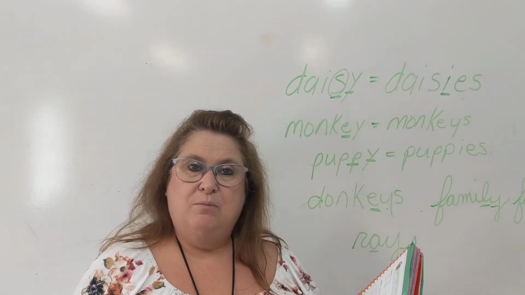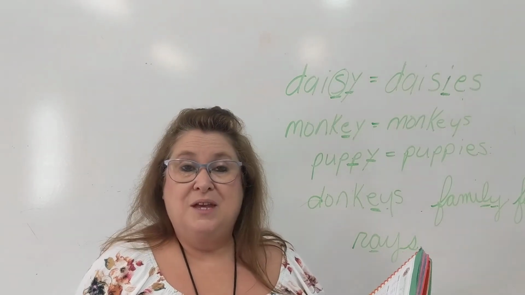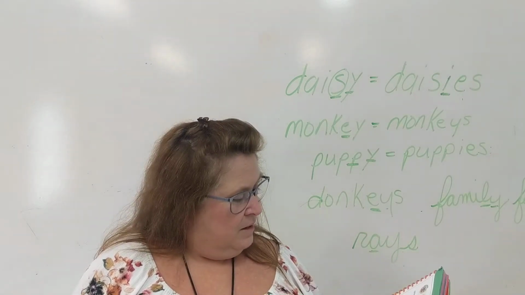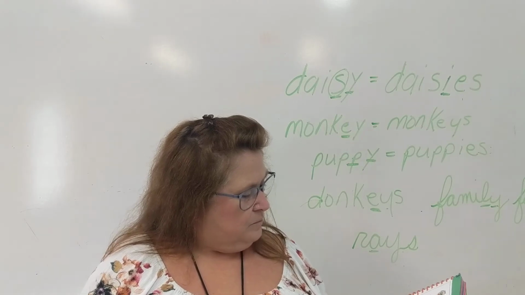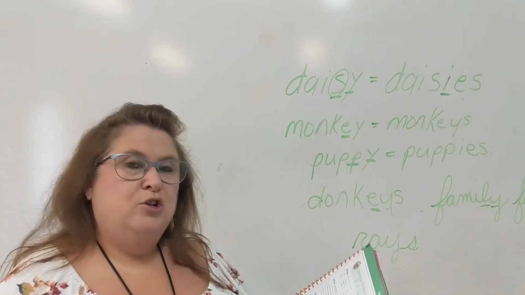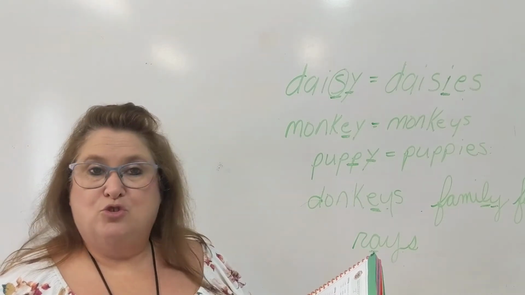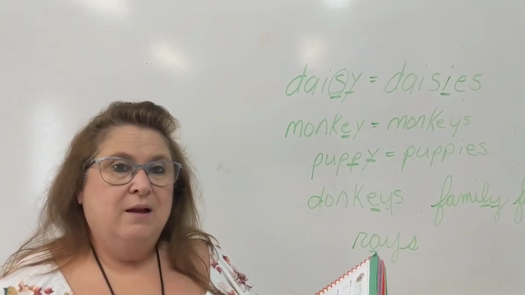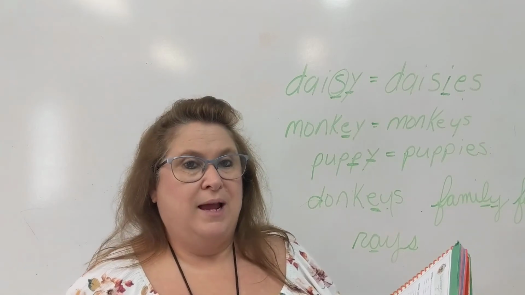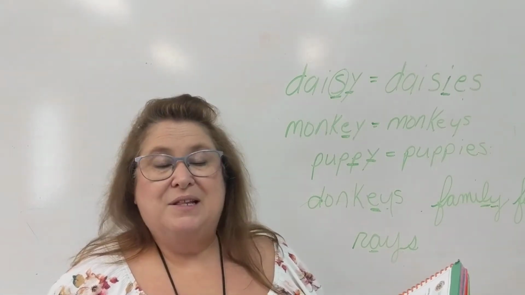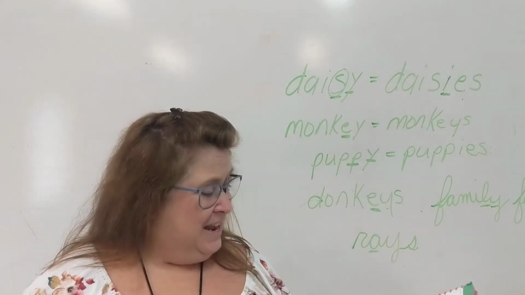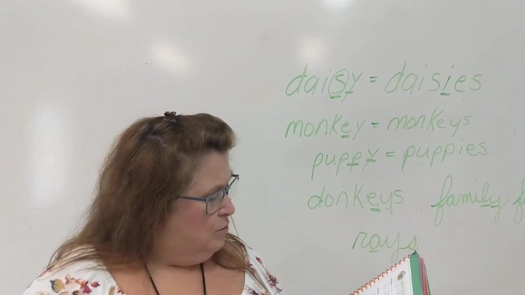How do we make window plural? We just add an S to the end, windows. And number 6, Irene carried 2 trays of cookies to the table. So the word tray, it ends with a Y. What kind of letter is in front of our Y? Very good, it is a vowel, so we will just add S to our word.